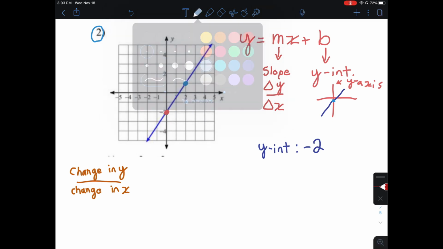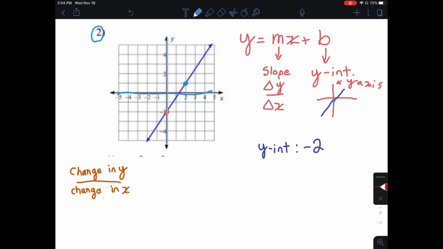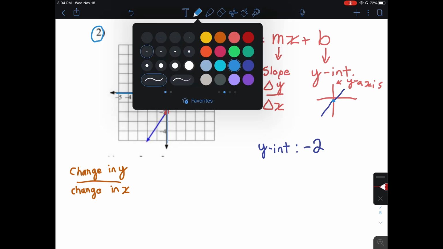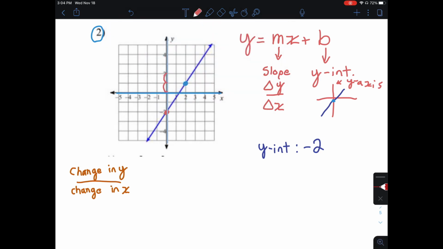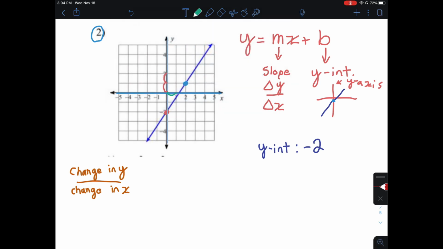So let's look at these axes. This is our y-axis, and this has to be our x-axis, horizontal. Any change that goes vertically is our change in y. Change horizontally is change in x.